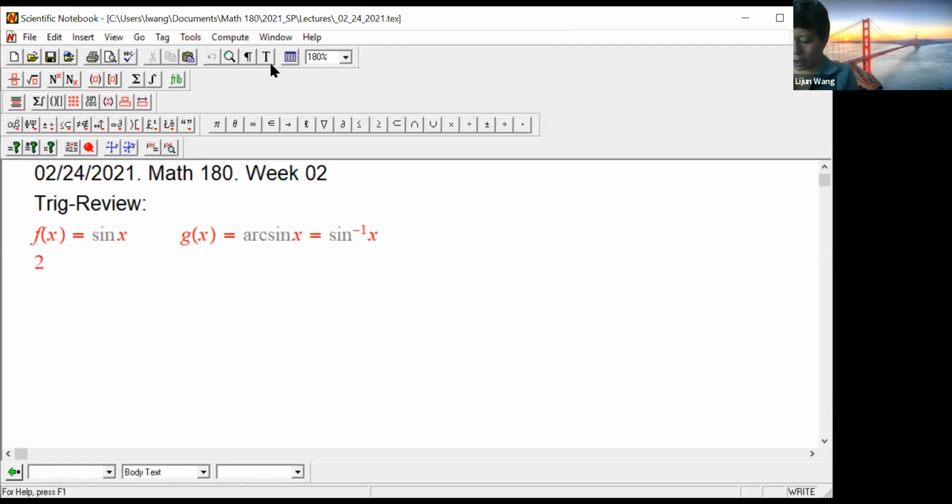The opposite of 2 is negative 2. The opposite of negative 5 is positive 5. So the word opposite has a very specific meaning in mathematics.